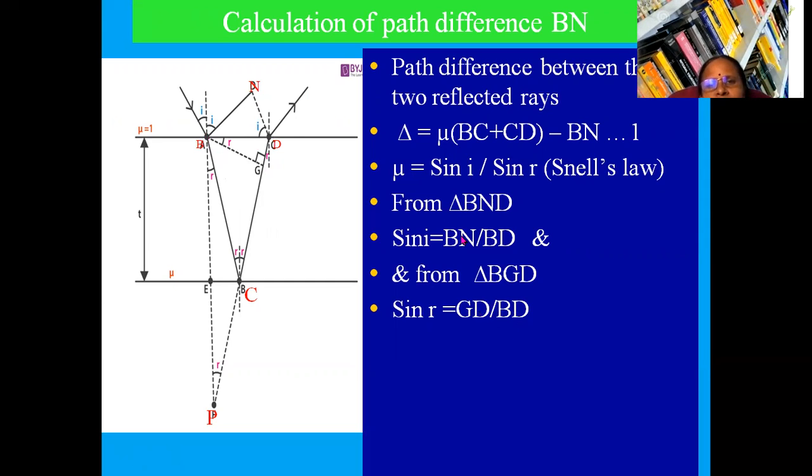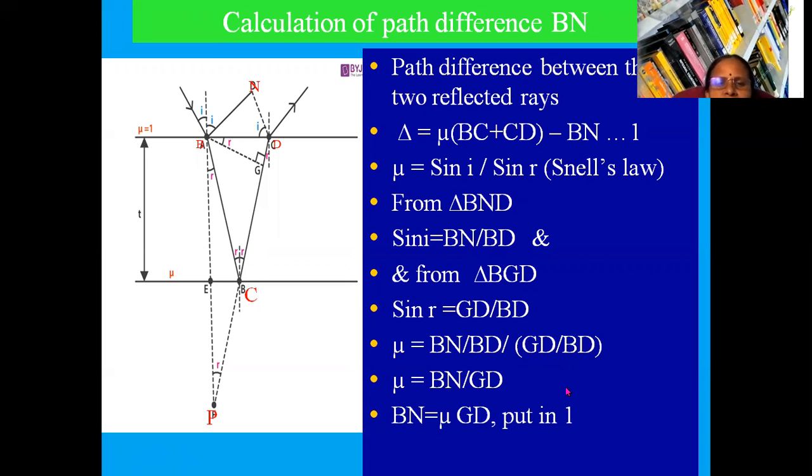Now we can put this sin I and sin R value into this relation for mu, and therefore we get mu is equal to BN upon BD divided by GD upon BD. This BD and BD get cancelled with each other, and we get mu is equal to BN upon GD.